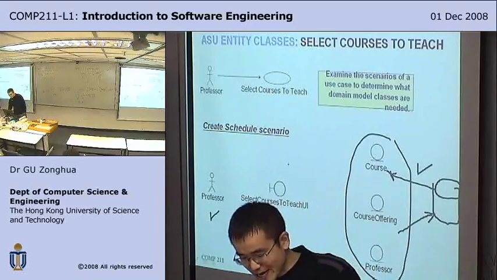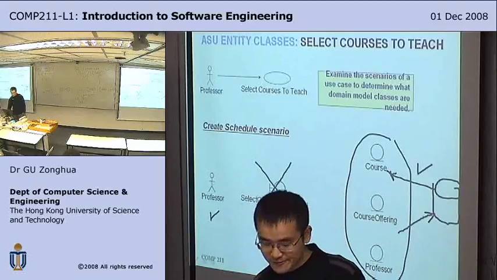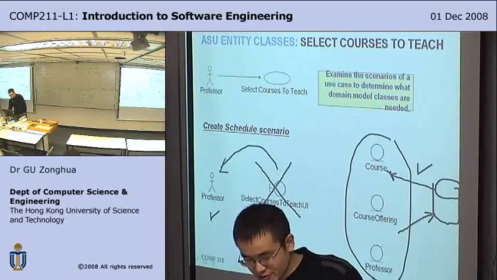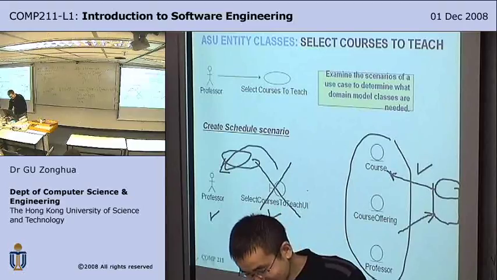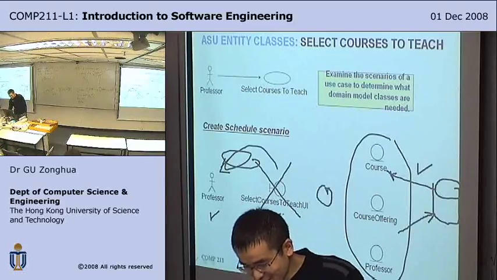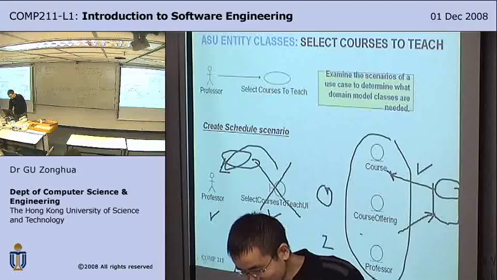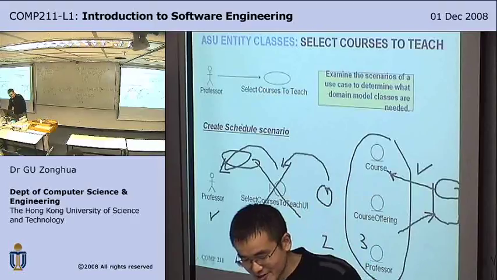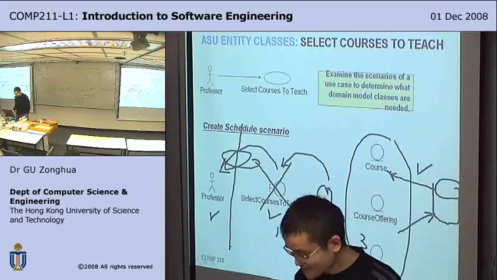Sometimes you can remove this one if the logic is very simple, and put the logic inside the UI class. I'm sorry, there should be a control here. By 3-tier, I mean 1, 2, 3, and you can put the control logic in the UI class. The actor is outside of the system, so the actor is the human.